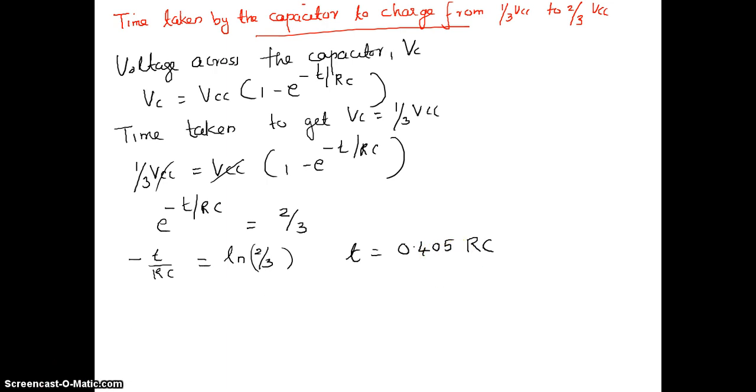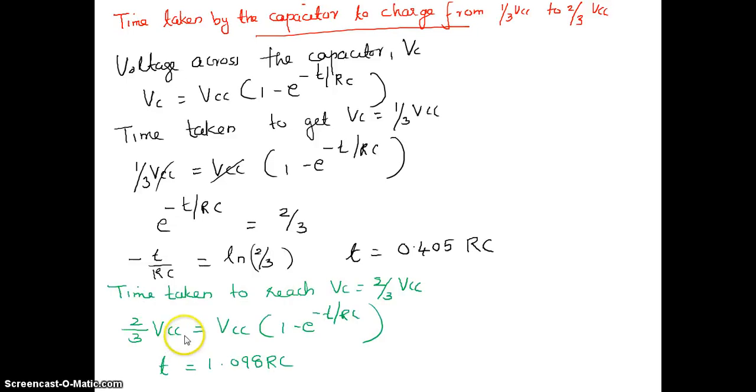Now we will see what is the time taken to charge till 2 by 3 VCC. So our VC should be equal to 2 by 3 VCC now. In the same manner, when you substitute, you will get t equal to 1.098 RC.